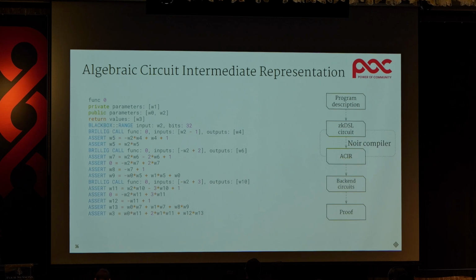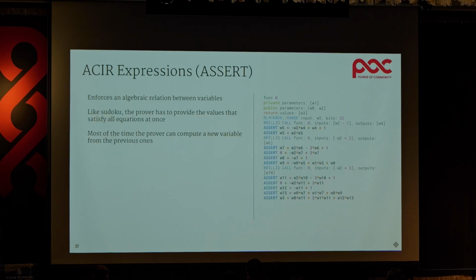That previous representation is then compiled into an algebraic circuit intermediate representation. The point is that we are creating a list of formulas that work well with the cryptographic backends. Let's dive into what the algebraic circuit intermediate representation actually is. So you see a lot of asserts in the code, and those asserts specify the constraints on the logic, on the intermediate variables, on the intermediate states within the system.